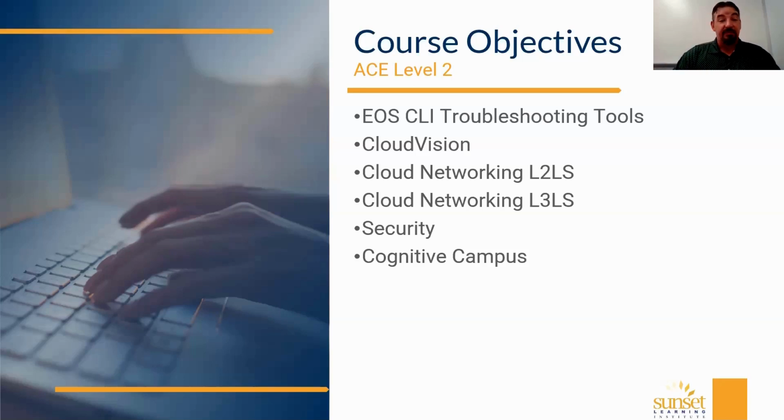Then we get into more of the cloud networking, really focusing on that layer 2 leaf spine type of environment. Right? So we're dealing with link aggregation and MLAG that we have available for us. Really the focus is going to be more on MLAG as a design in that data center. They give you an introduction into a layer 3 leaf spine as well.